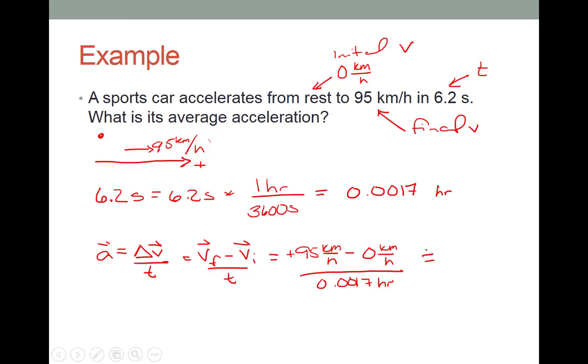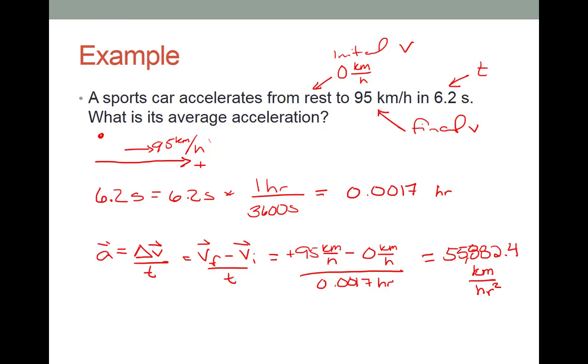Okay. So if I take 95 and divide by 0.0017, I get 55,882.4, and the units here are kilometers per hour squared. Okay. So 55,882.4 kilometers per hour squared.